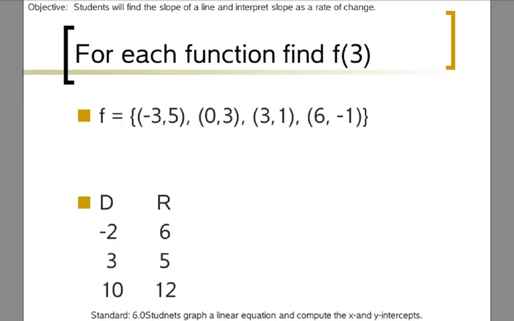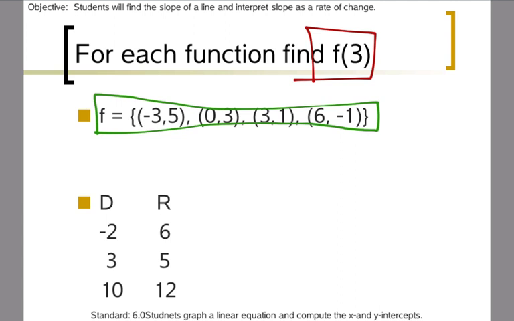So now it says for this function find f of 3. Well, if you're given a relation like this one, if you've got f of 3, this f of x is equal to a y value.